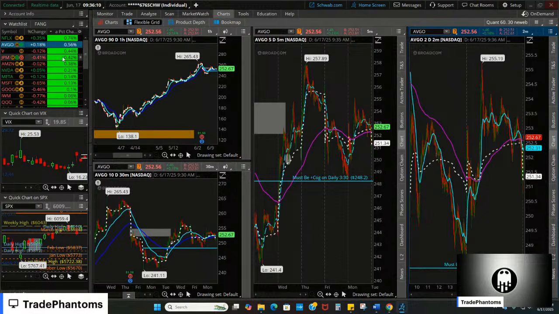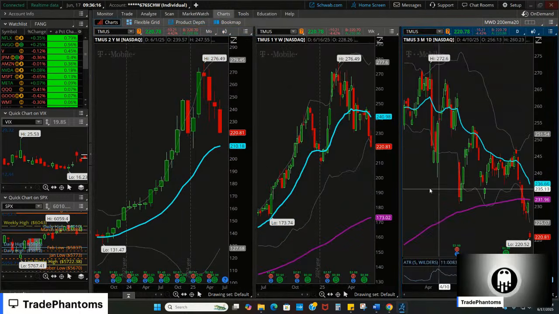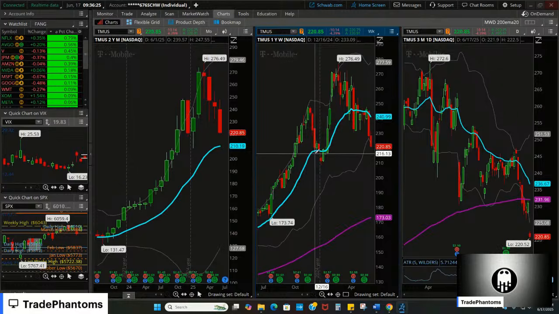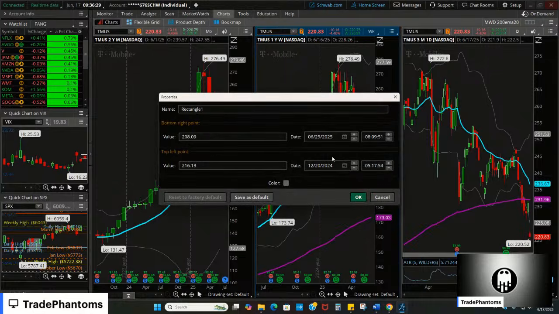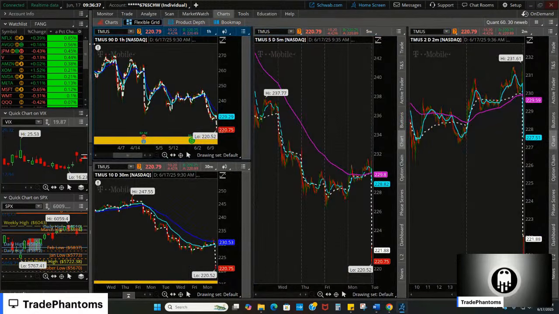Broadcom. Let me see. T-Mobile. Weeklies. Yeah, this is on a flush right now. Coming into an interesting area on the weeklies. For sure.